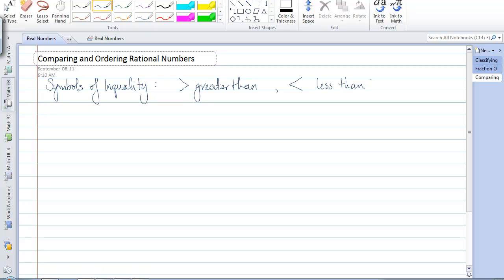Other things to keep in mind when you're comparing is thinking about those values on the number line. And so the larger values will always be to the right of the number line. So the larger values to the right.